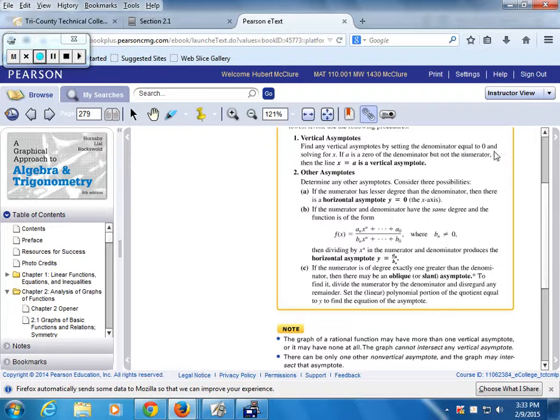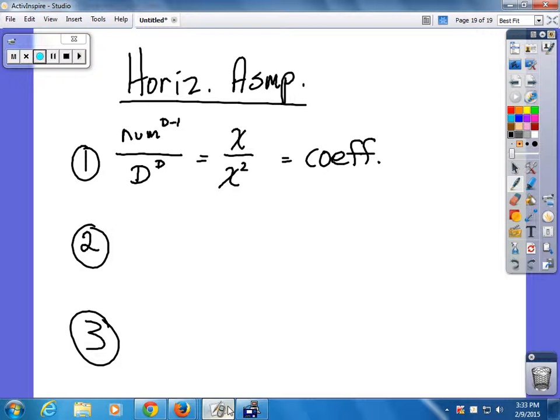The line x is equal to a is the vertical asymptote, and you find any vertical asymptote by setting the denominator equal to 0. Oh, I did that one. I'm talking about here. If the numerator has lesser degree than the denominator, then the horizontal asymptote is 0. I've got that mixed up with the second one.